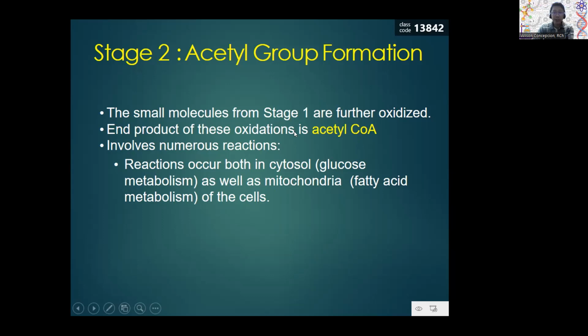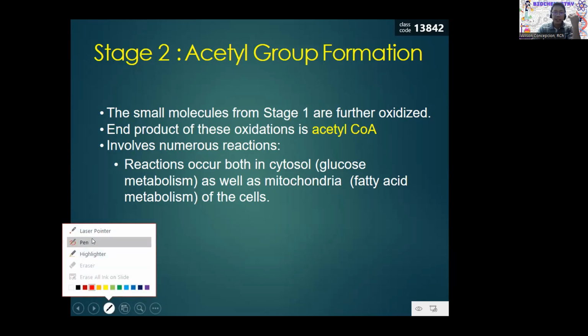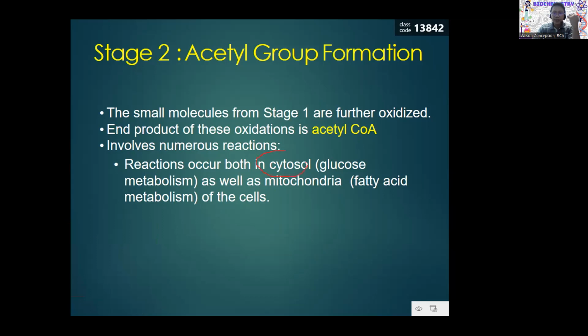Mamaya ipapakita ko sa inyo yung numerous reactions na sinasabi diyan. But this acetyl group formation occurs in what parts of our cells? It occurs in cytosol and mitochondria. Doon nagaganap yung acetyl group formation.